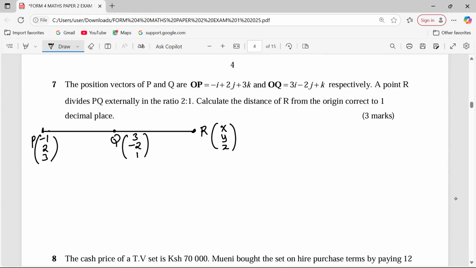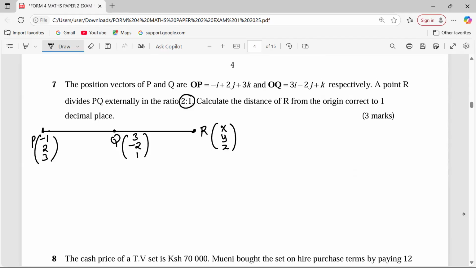So let me interpret the ratio first. R divides PQ externally in the ratio 2:1. So from P to where R is, there are 2 units. Then for us to move from R to Q, we are moving 1 unit backwards.